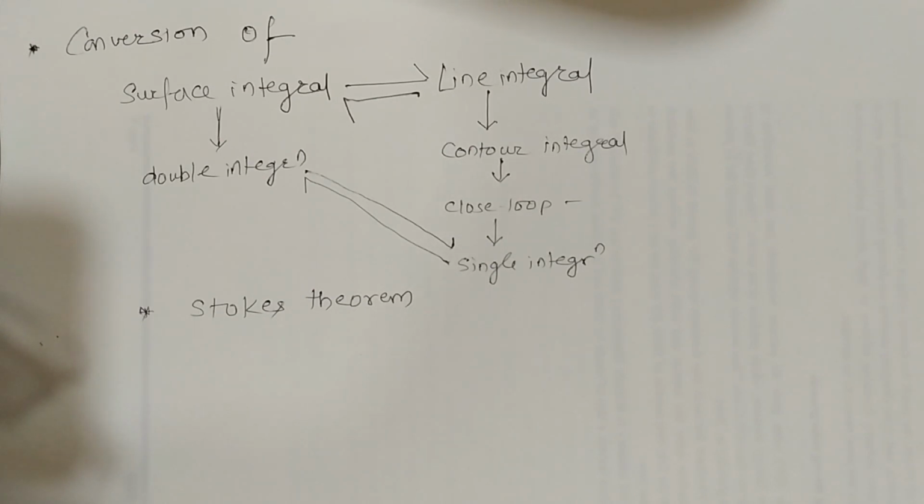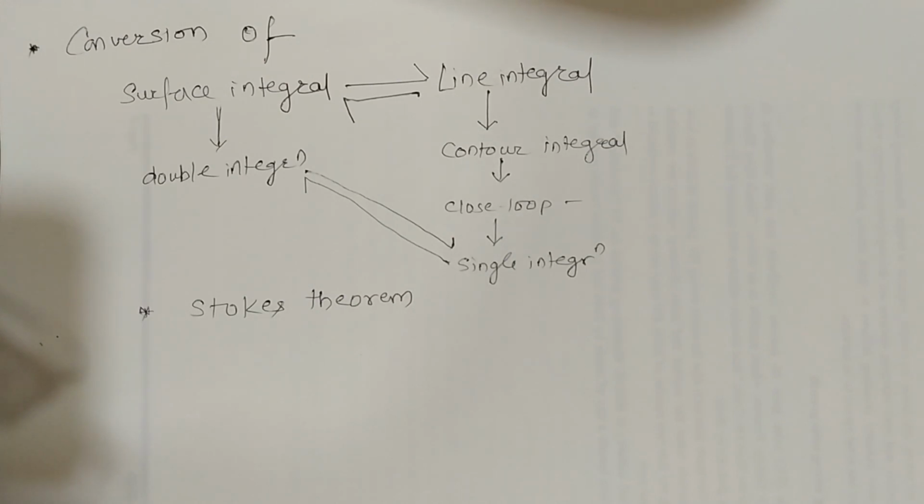Now, see students, we can prove Stokes theorem by n number of methods. For our syllabus, I already told you that whatever I am going to teach regarding electromagnetic field theory is from the textbook by TVS Arun Murthy, S. Chand publication.